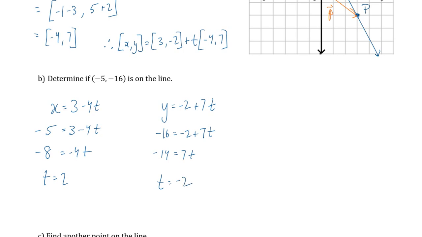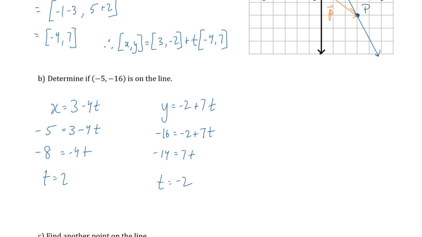Now, what does this mean? The fact that they're both 2, but one's positive and one's negative, is just a fluke. That's irrelevant, by the way. The t's are not the same. If I put 2 in for t in this equation, I would get x is negative 5.